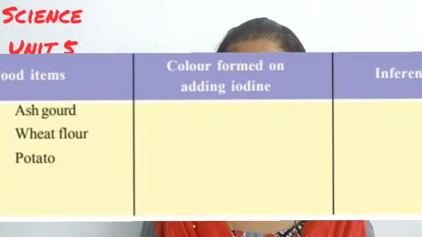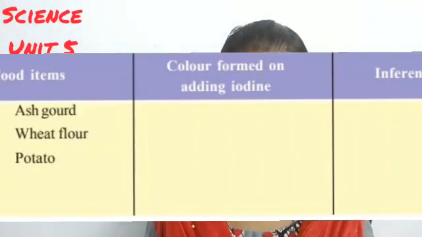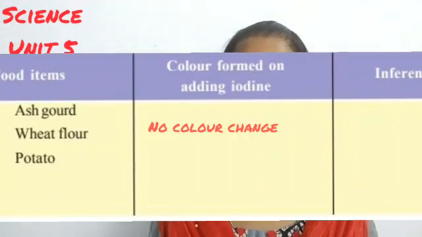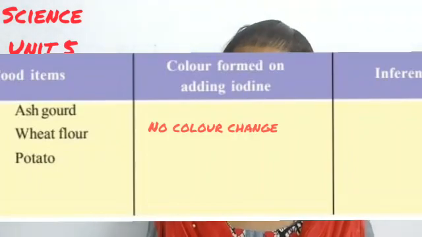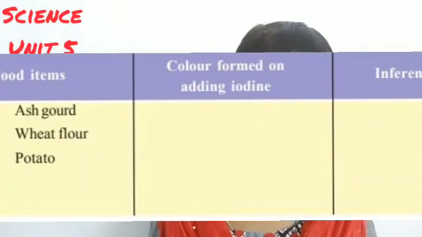So the first one they have given is ash gourd. When we tested that, there was no color change, so there is no presence of starch. Second one, wheat flour.